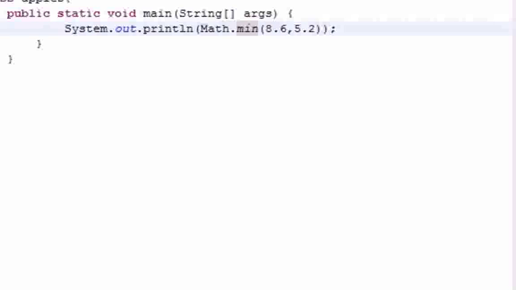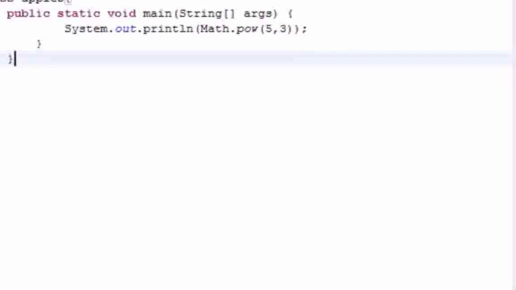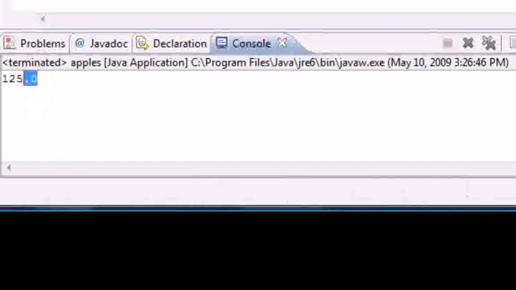Again, our power function, which takes power, and say you want something like 5 to the 3rd power, you would use 5 for your first argument and 3 for your next one. Again, when you run this, this was the same one we used in our compound interest calculator. It gets 125 since 5 times 5 times 5 is 125.